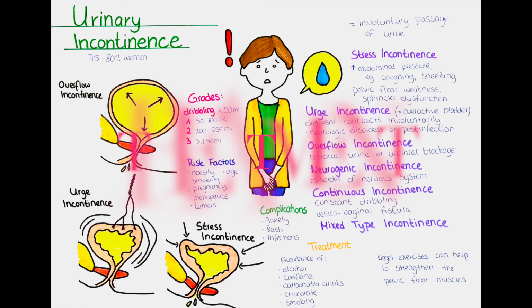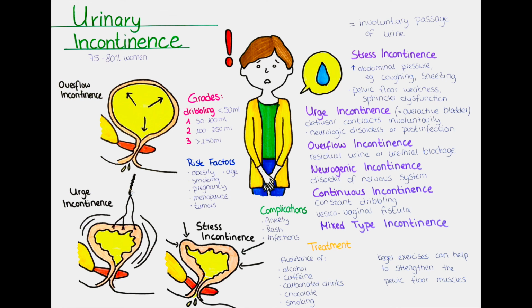How can incontinence be avoided or treated? There are some foods that can stimulate the bladder and some foods that stimulate the urine production. Those should be avoided and include alcohol, caffeine, carbonated drinks, chocolate, spicy and acidic food, and artificial sweeteners.